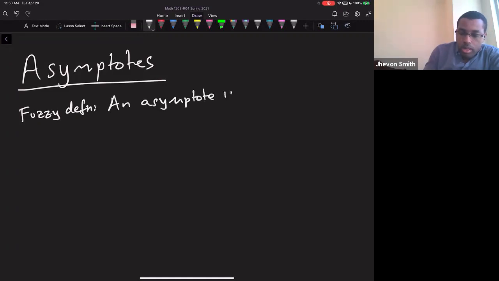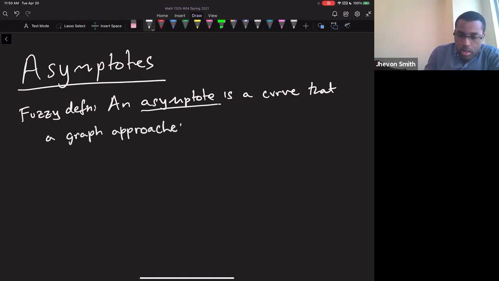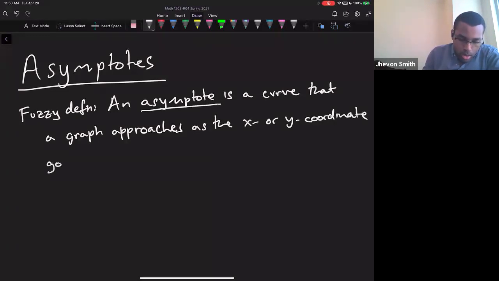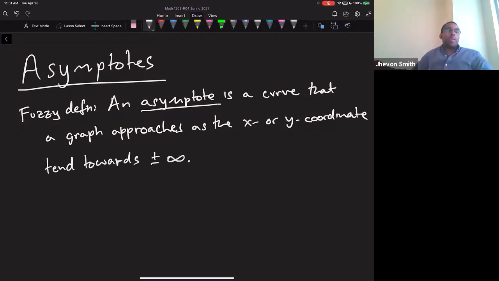An asymptote is a curve that a graph approaches as the x or y coordinate tend towards plus or minus infinity.